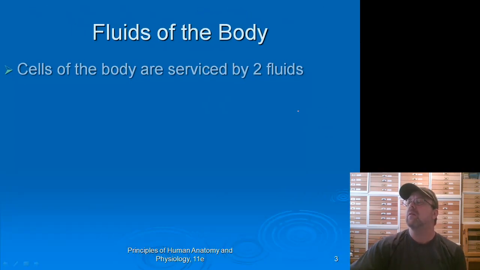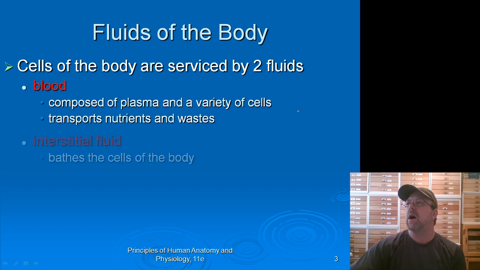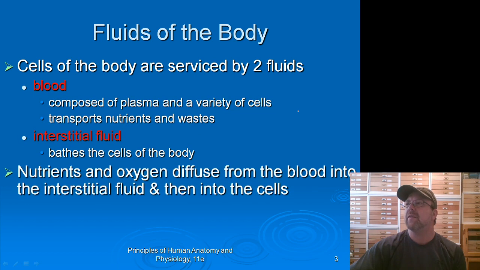First of all, when we think about fluids in our body, we're going to have two major fluids. We're going to have blood, which is what we're going to talk about in this chapter. And then we have this thing called interstitial fluid. Interstitial fluid is the fluid between the cells of tissues.